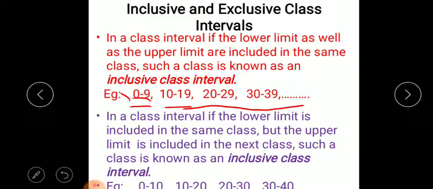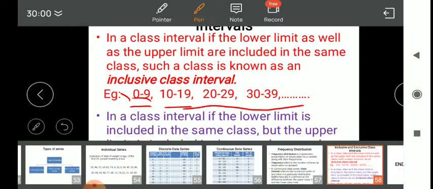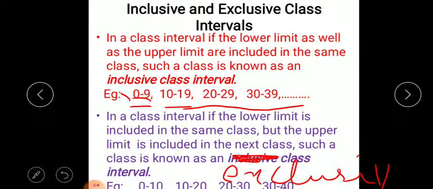In an exclusive class interval, the lower limit is included in the class interval, but the upper limit is included in the next class interval.